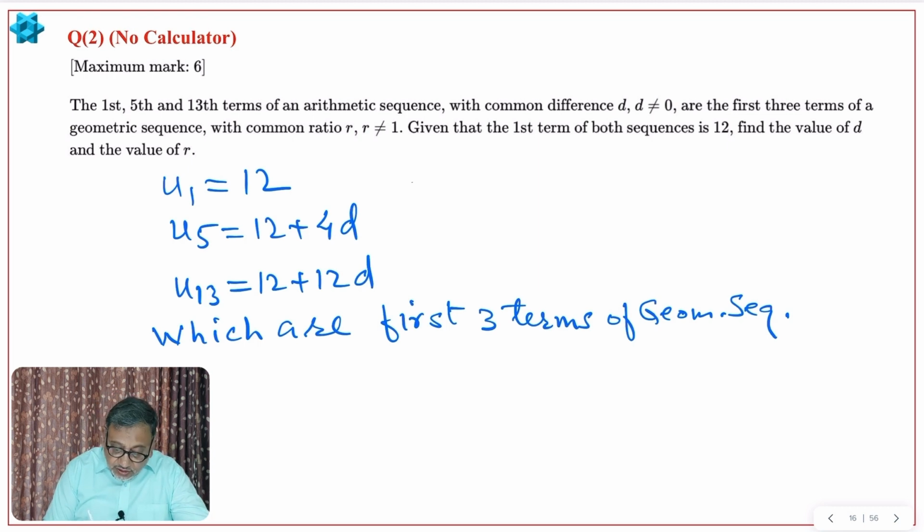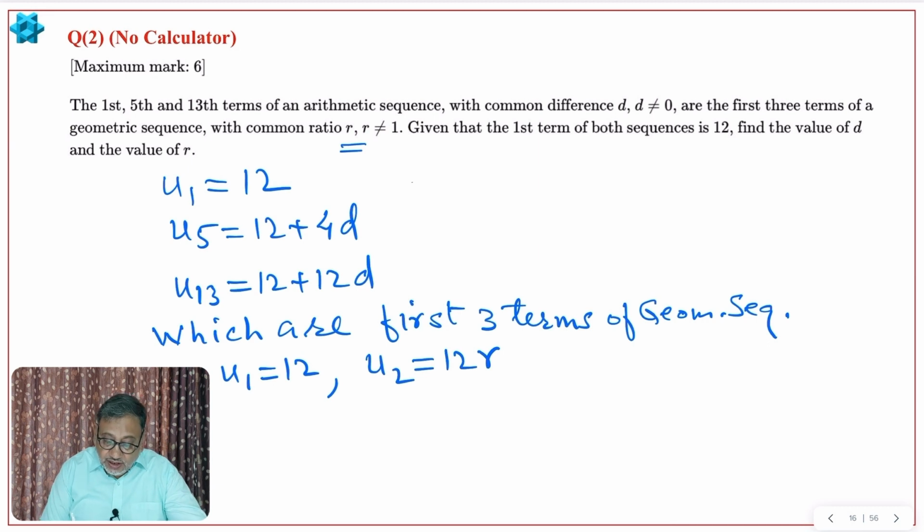So in a geometric sequence, how do we write the terms? So u1 is 12, u2, okay, second term, how do we write the second term? 12 times r, because the common ratio they said is r. And 12 times r will be equal to this one, 12 plus 4d.